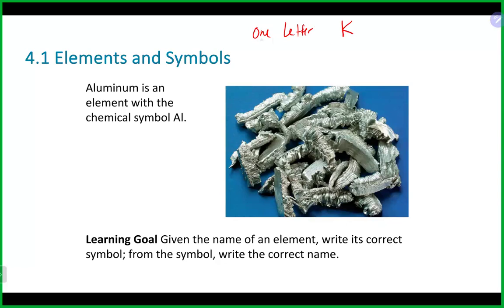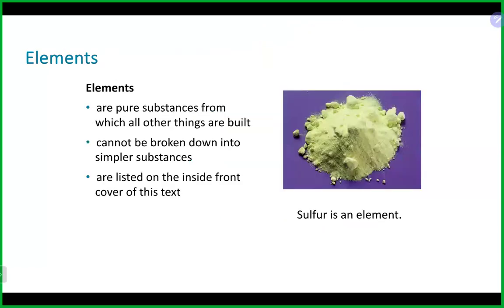If it is a two-letter symbol, much like what we see with aluminum here, the first letter is capitalized, the second one is not. So those are basically the rules that we follow for symbols. We use symbols obviously in naming and formulas, and when we write equations, to write proper formulas for these elements.